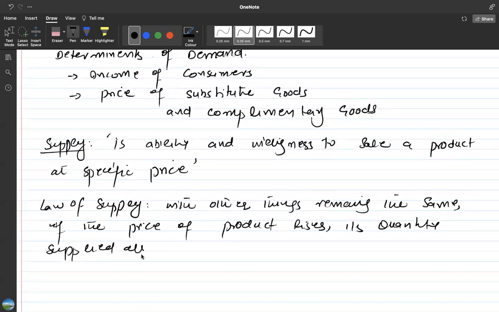And vice versa. So it means if the price of the product falls, its quantity supplied will also fall.